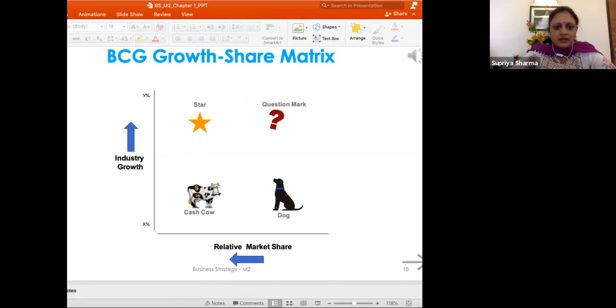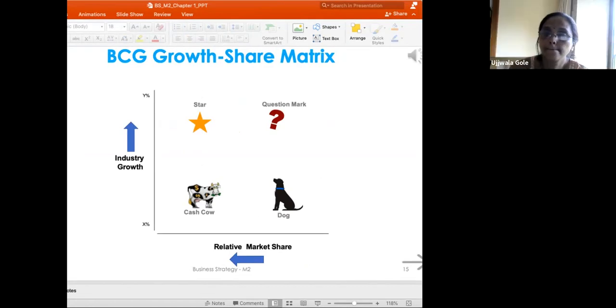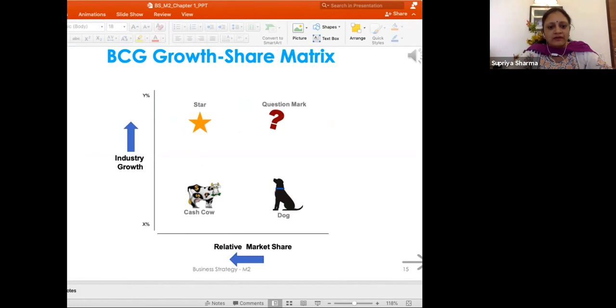Then come the question marks, this area. These represent those business units which have low relative market share, but they are located in a high growth industry. My market share is somehow less. So when I'm designing my strategy, I need to keep in mind that it has potential.